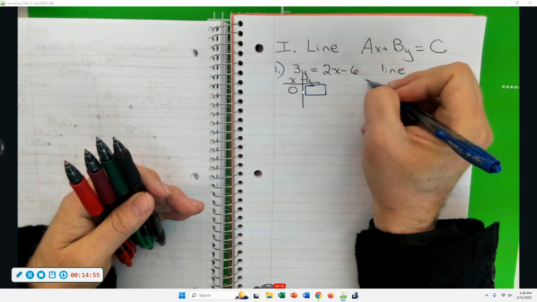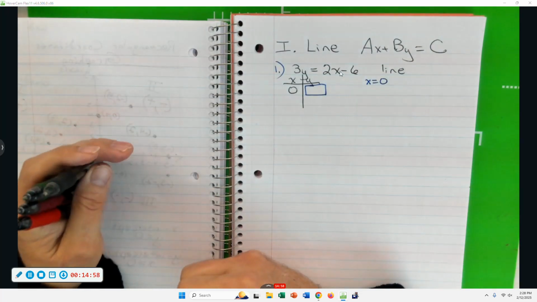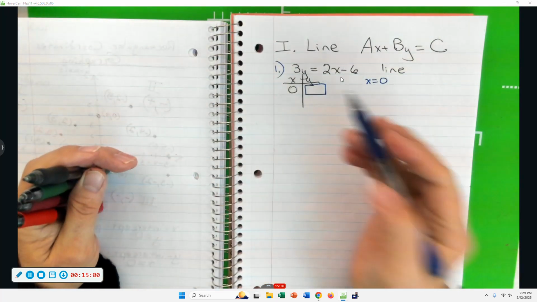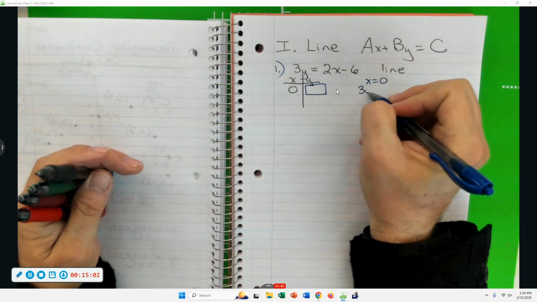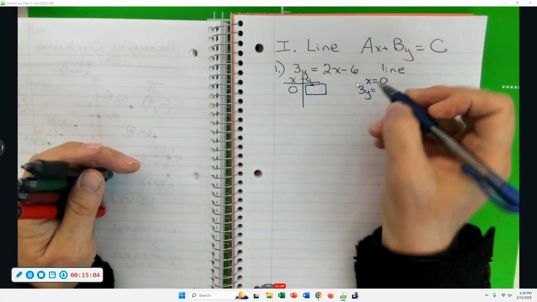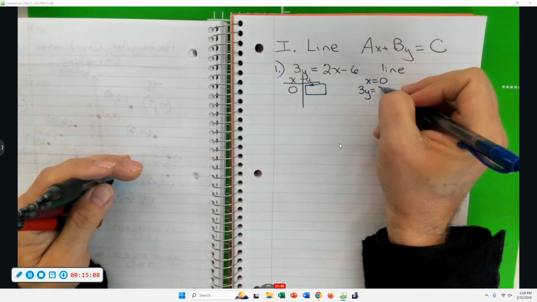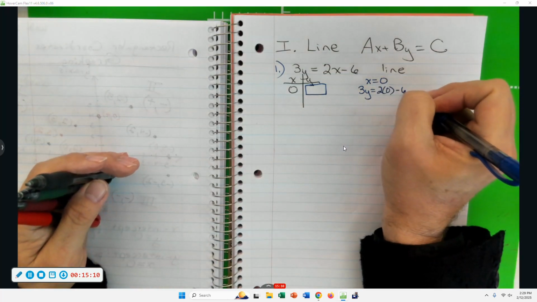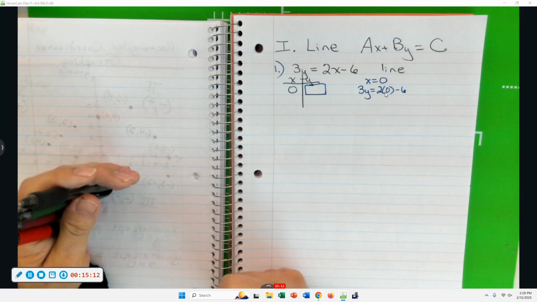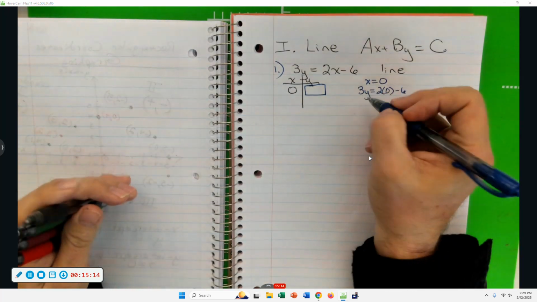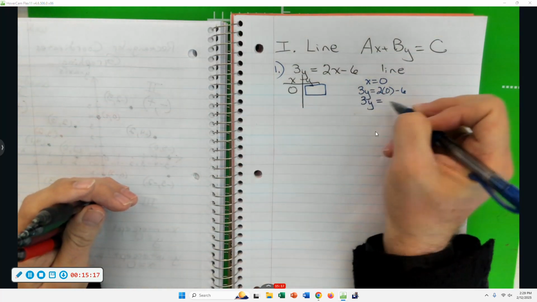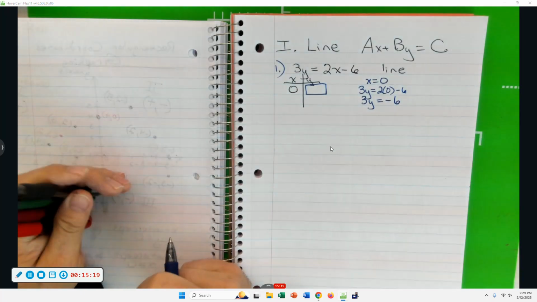So when x is 0, you're trying to find y. Well, you have 3 times y equals, what's 2 times 0? 0. So we have 3y equals 0 minus 6, which is negative 6.